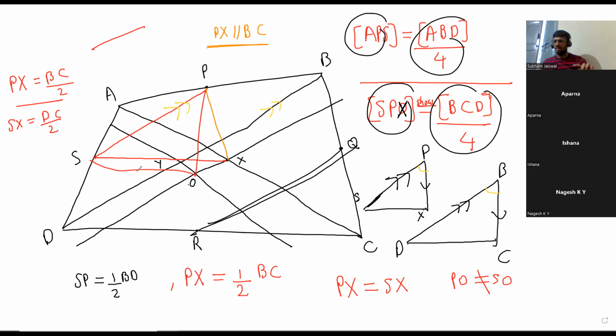In this sense, there are still other possibilities, but obviously it doesn't mean that it is not cyclic. So can we think of why it is not cyclic? We can create a situation where PX is equal to SX.